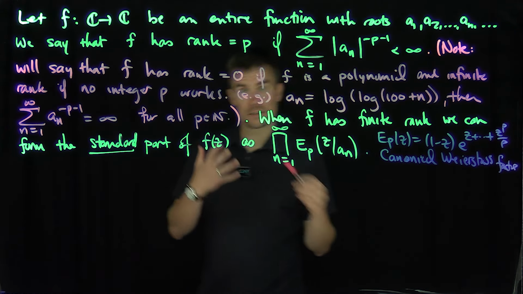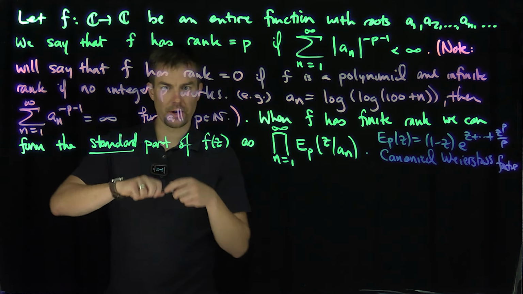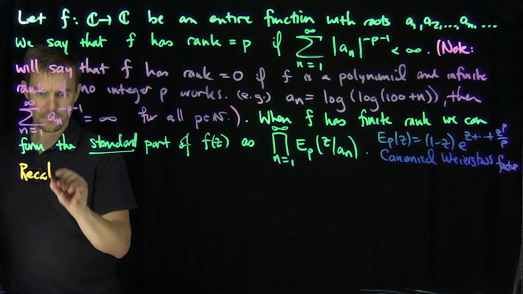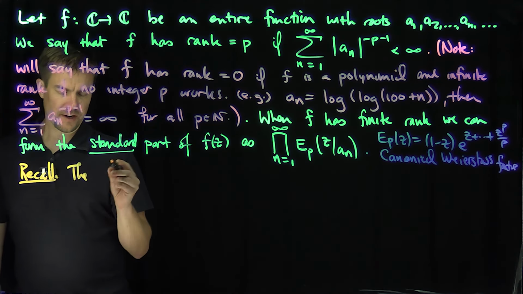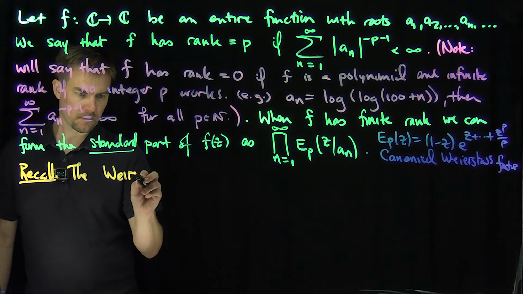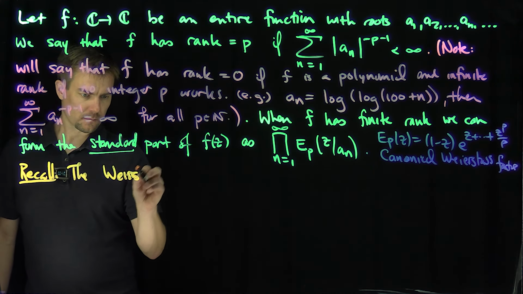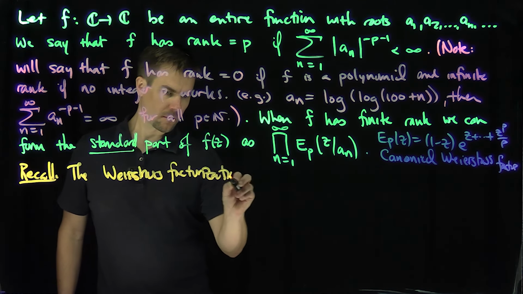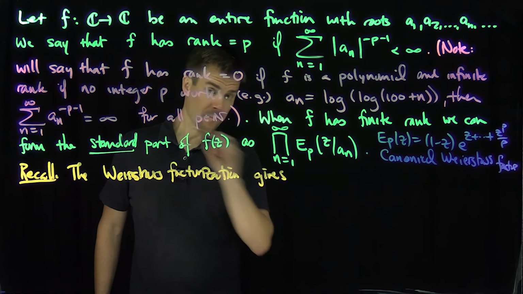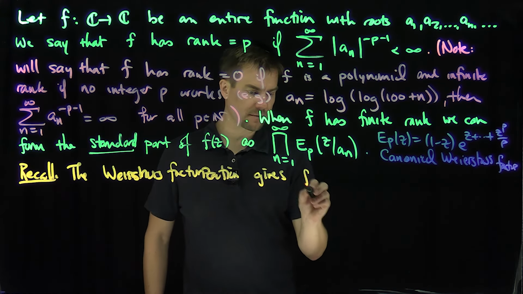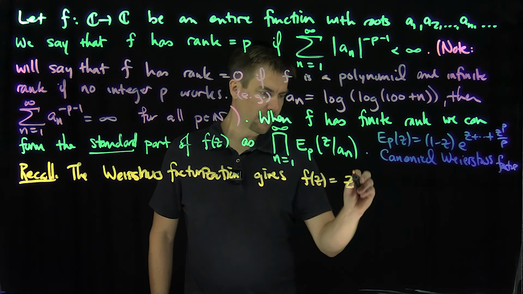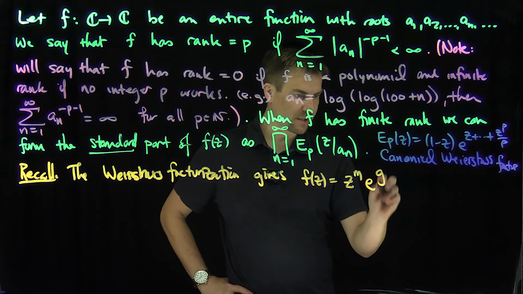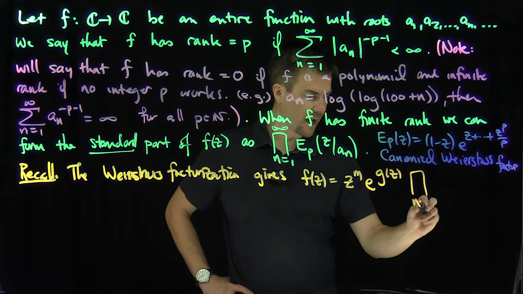Now we want to talk about genus, because this is only one part of the entire function. Recall the Weierstrass factorization theorem gives that f of z is z to the power m, if there's a root at 0, for example, and then e to the g of z times this product, n goes from 1 to infinity.